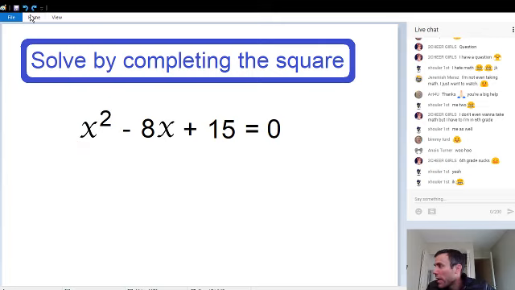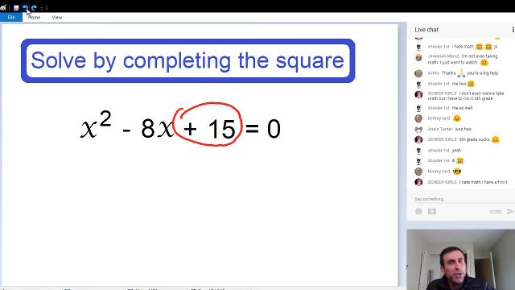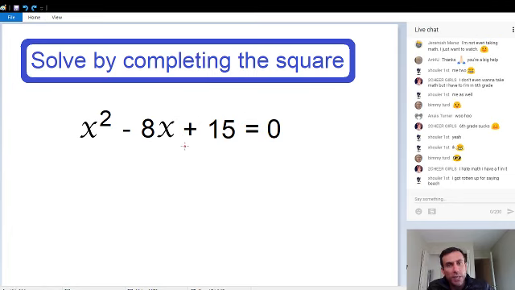All right, and after we do step number 1, then our next step is to get rid of this constant on the left-hand side, and we want to bring it to the right-hand side of the equation. And in order to do that, we need to subtract both sides by 15. So I'm going to subtract 15. So notice on the left-hand side, the positive 15 and the negative 15 cancel each other out. And whatever you do to one side, you have to do to the other.